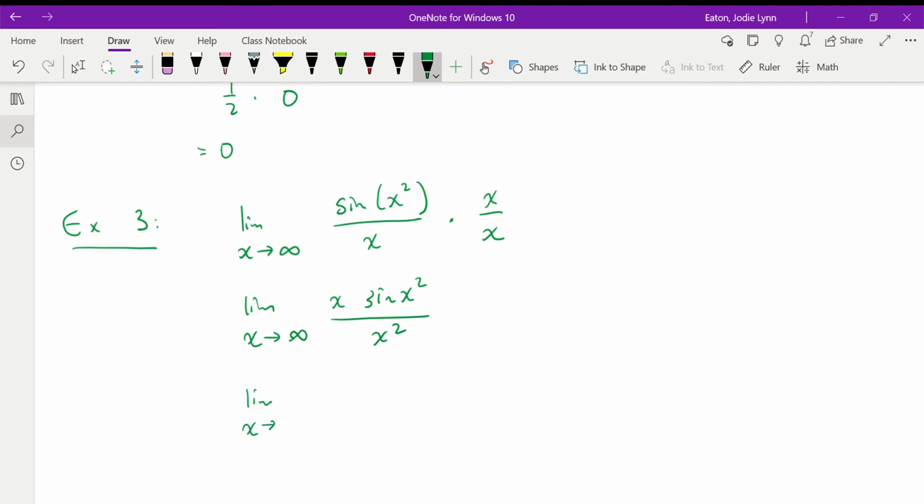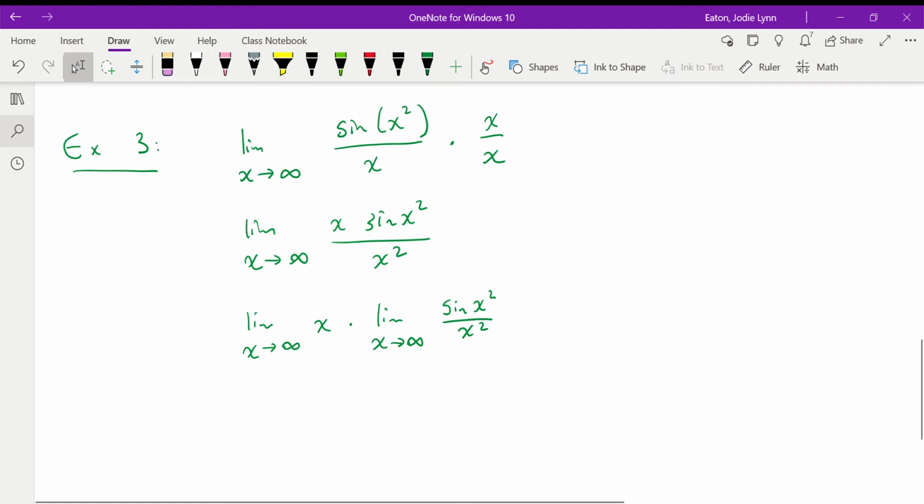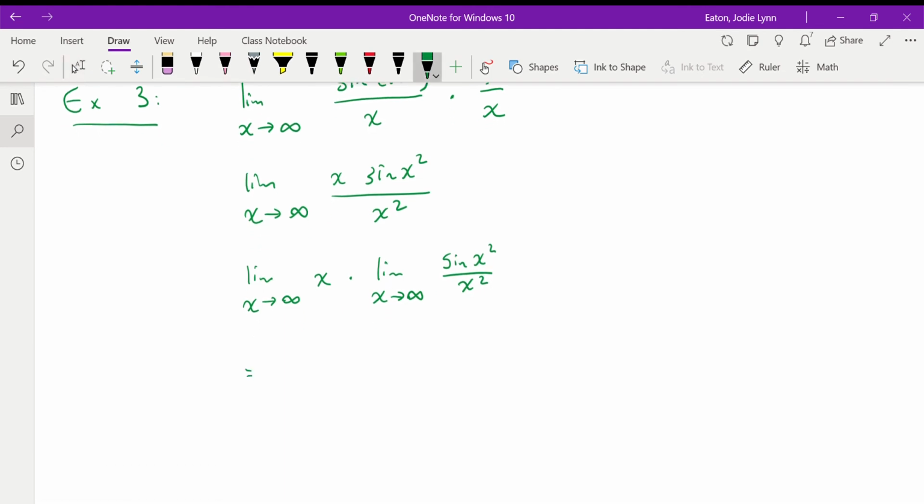Again, the limit of a product is the product of the limits, so this is the same as the limit as x approaches infinity of x times the limit as x approaches infinity of sine x squared over x squared, which is equal to the limit as x approaches infinity of x times 0, which is equal to 0. Infinity times 0 still is equal to 0.